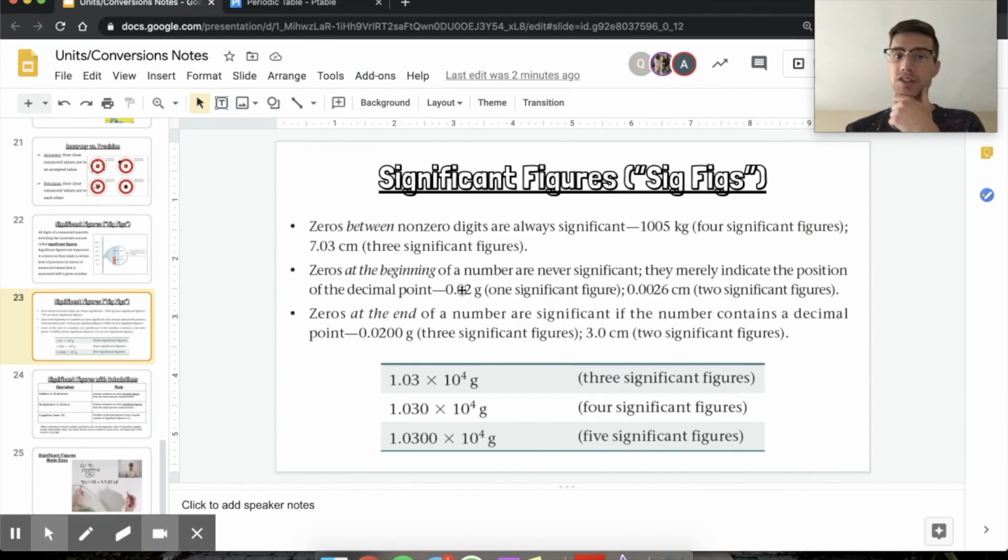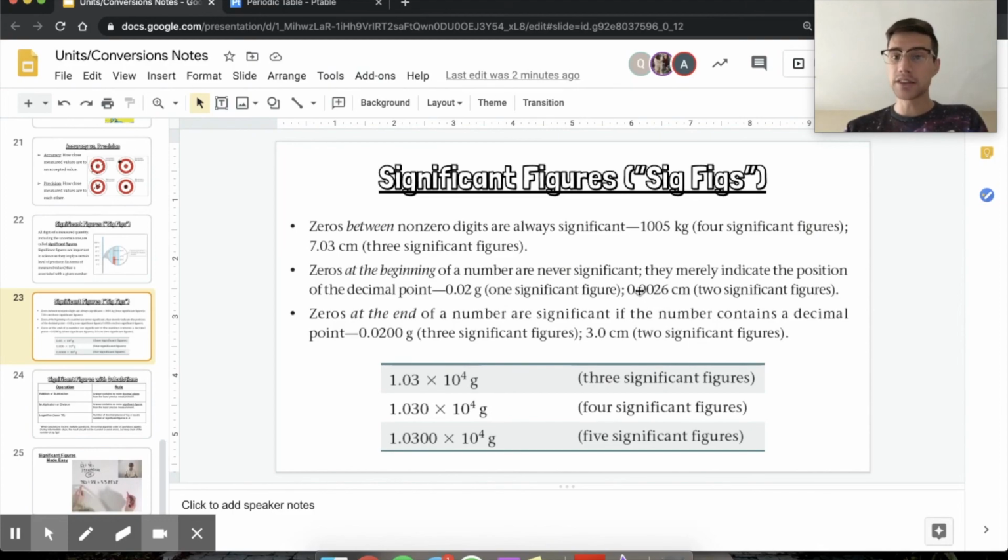So the fact that there's a 0 here and there's a 0 here do not count towards the significant figures, okay? Just like this one only has 2 significant figures. None of these zeros are important because if you are measuring something that's 0.0026 centimeters long, skipping over the number here and the number here are important to get to the number you can actually measure, right?